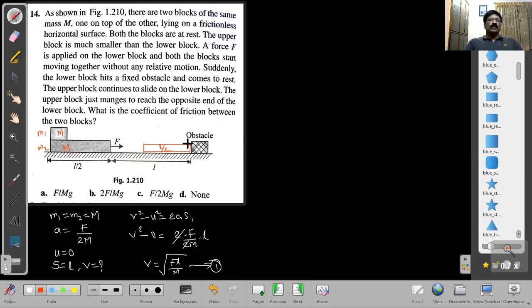At the instant the lower block collides with the obstacle, this block is here only.